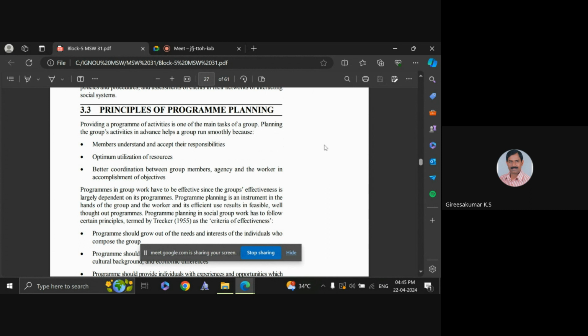Then there must be better coordination between group members and the agency worker to achieve these objectives. In the case of social work, the group must be very effective.